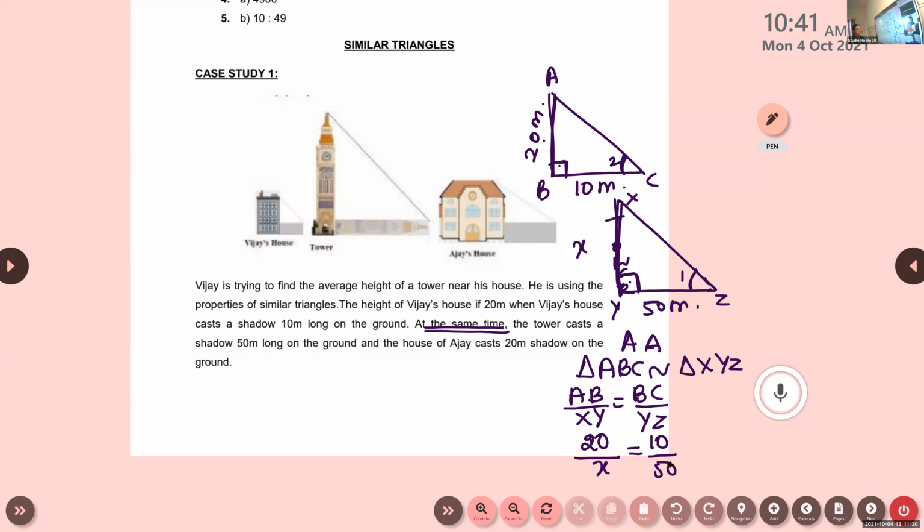What is the measure here? Nas Parveen, what is the height of the tower? Yes, ma'am.